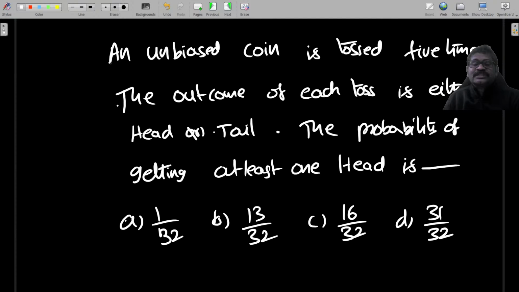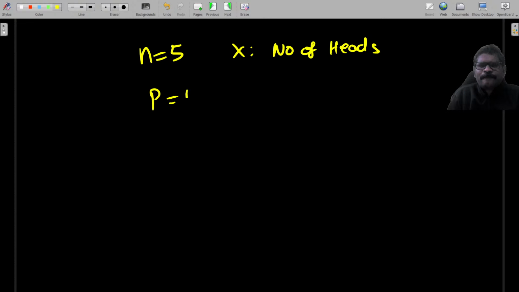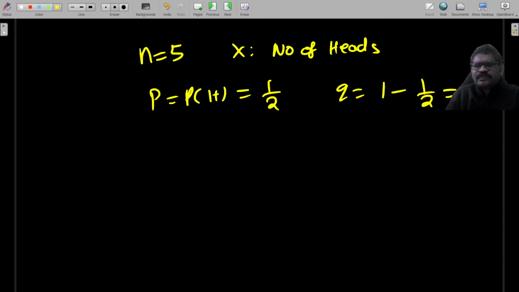Now a coin is tossed 5 times, that's why the number of trials is 5. X counts the number of heads. P, the probability of getting head, is 1/2. Q is 1 minus 1/2, that is 1/2.